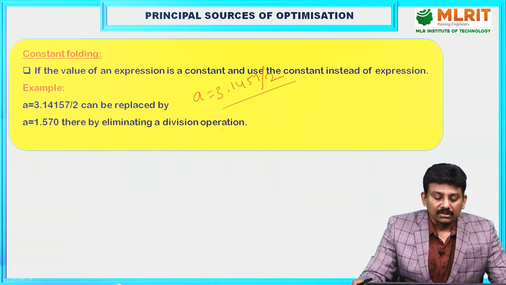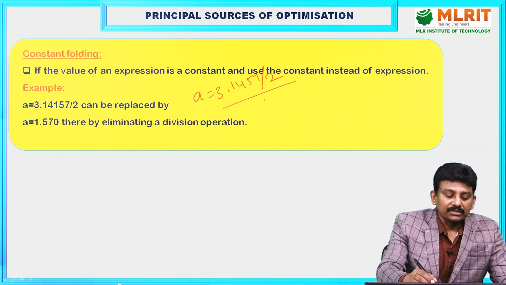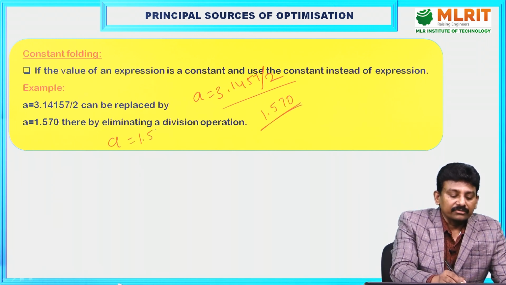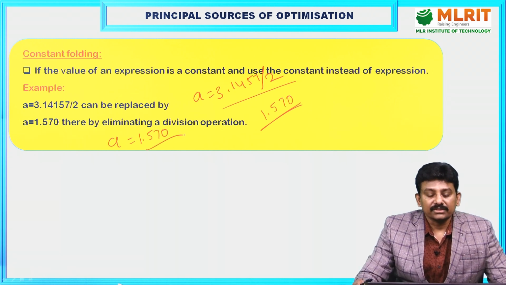If you compute this expression during compile time, we can directly use that value. What is 3.1457 by 2? That is 1.570.